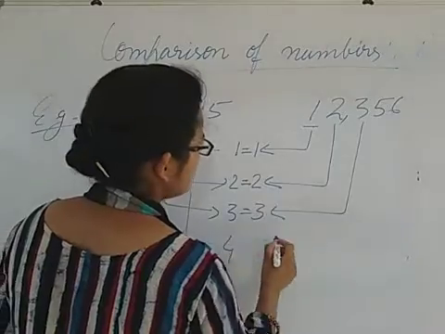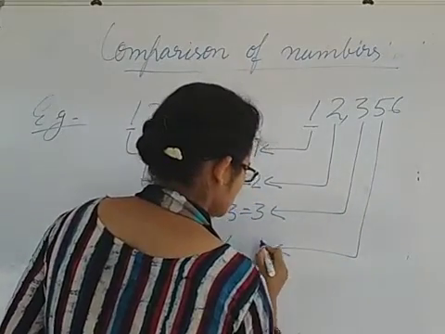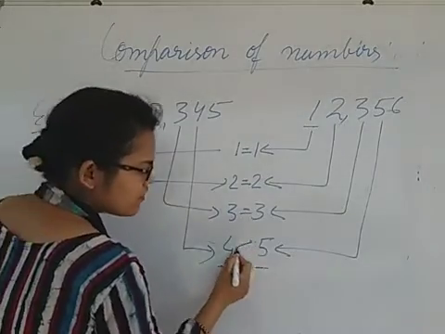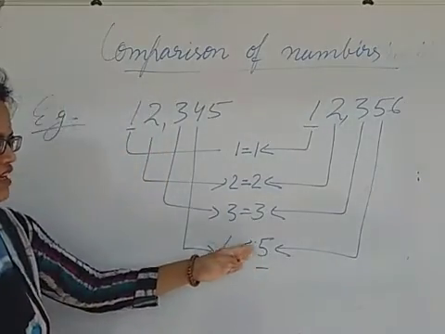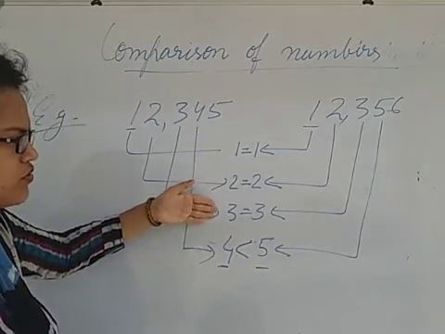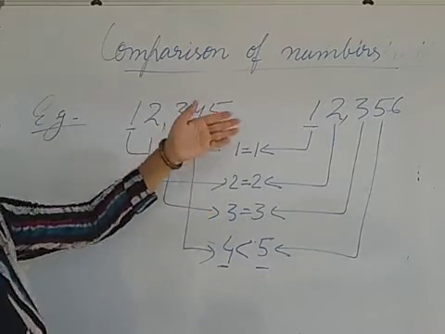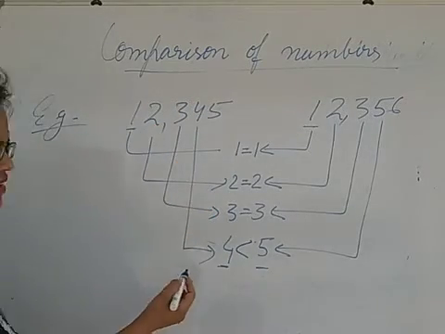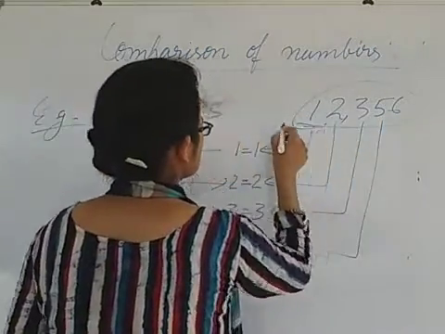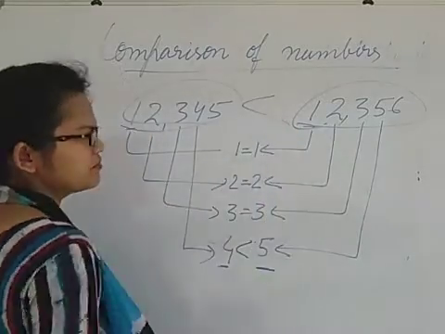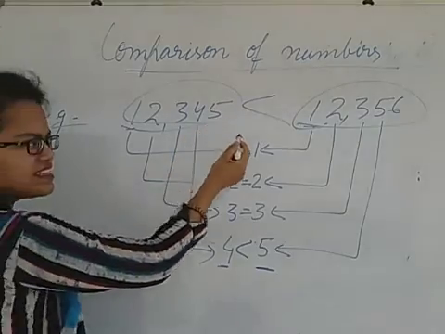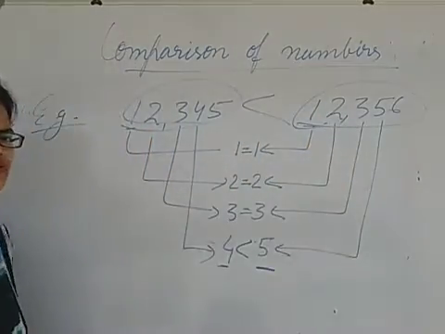Fourth one 4, and here 5. From 4 and 5, which one is greater? 5 is greater. Until here all the digits are equal, so we could not conclude which is greater, but here we can easily conclude that 5 is greater. It means this number is greater than this number. Means 12,345 is less than 12,356.